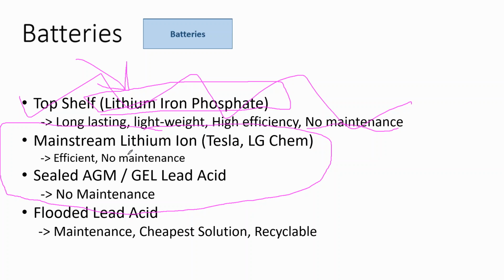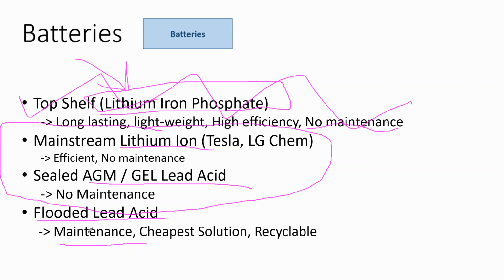What's a little bit closer together is just your mainstream lithium ion and your maintenance free lead acid, because with a flooded lead acid battery, you have to maintain it. While the chemical reaction is occurring, it is evaporating water. And so you have to keep adding water, and on an industrial flooded lead acid battery that's being used routinely, you have to water it almost every 2 weeks when you're using it on a daily cycle.